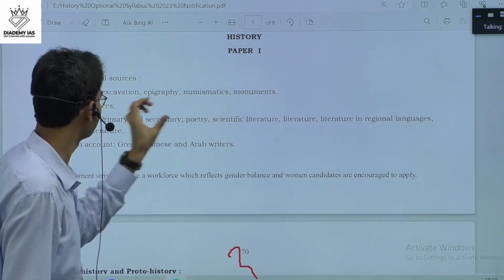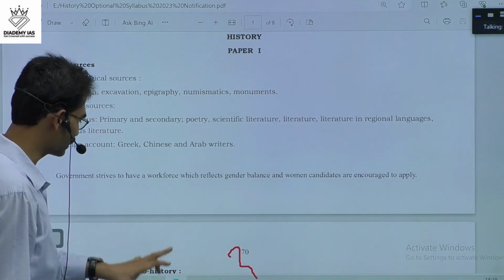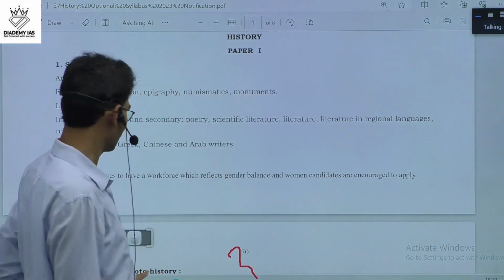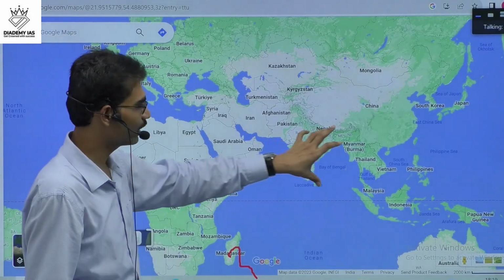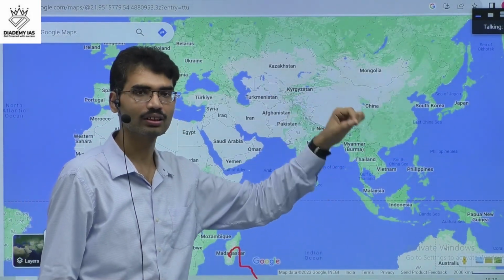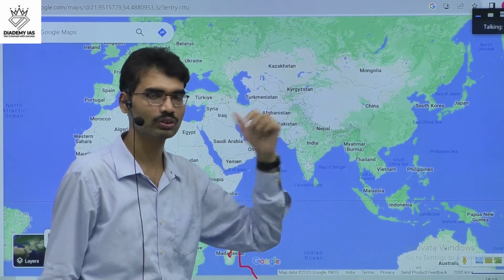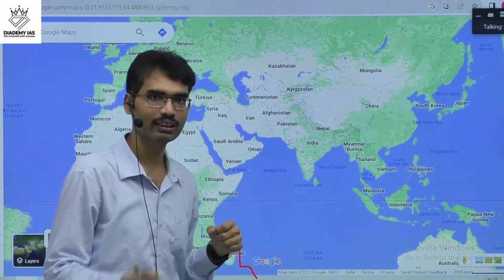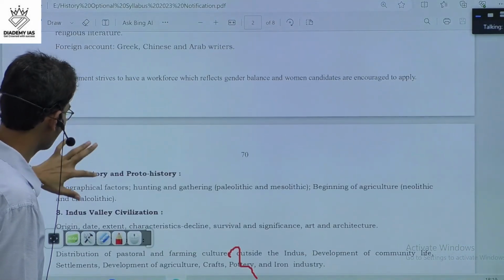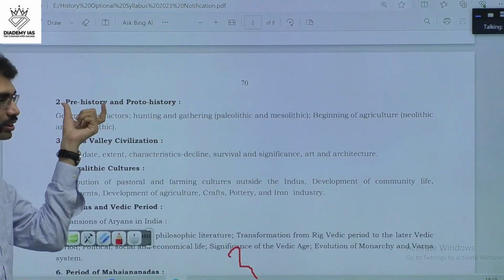You remove up to here. But exploration and excavation, when it comes to this part, different historians, archaeologists, they started exploring and excavating these areas. We come to know about these Stone Ages, prehistoric period. That is the source. Now, when it comes to the second part, it particularly talks about prehistory.